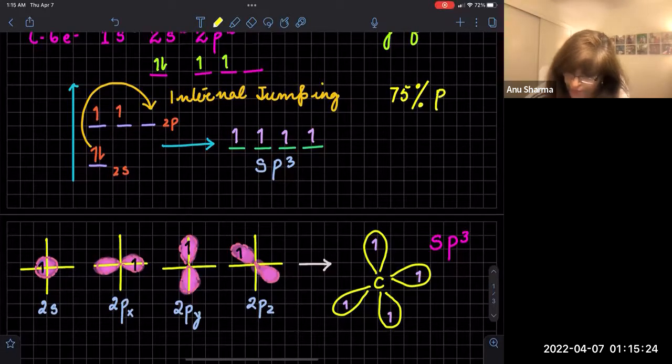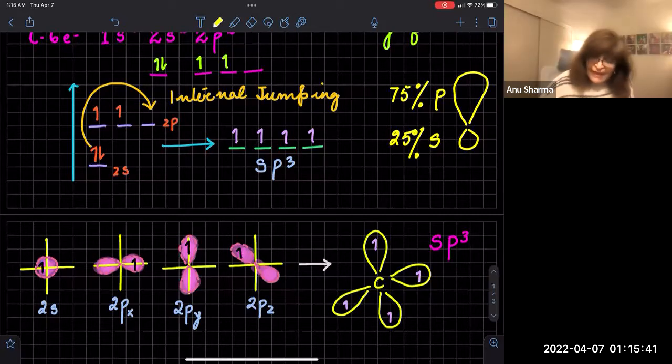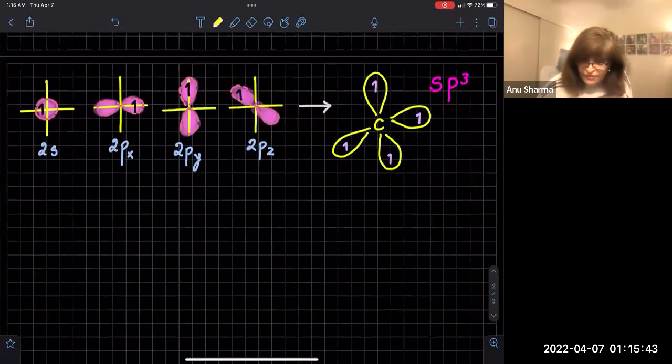That is why the lobe is flatter or bigger, and 25% is the S character. So even the S is a little bit small. So this is the actual sp3 hybridized orbital. Okay, so that's the deal with carbon.